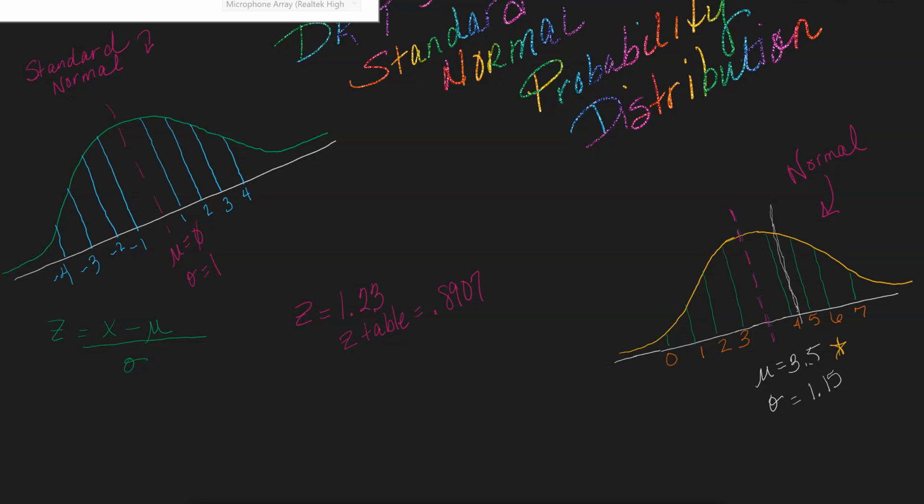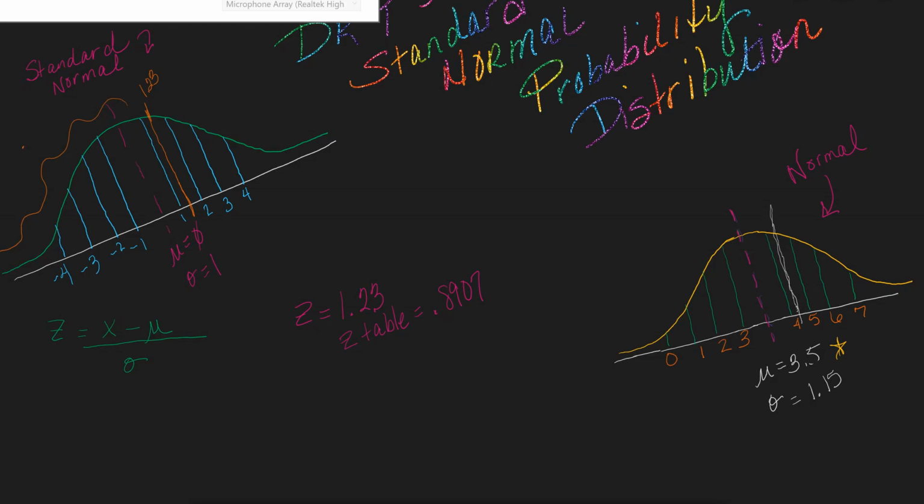So taking a look at our standard normal curve, 1.23, which, I don't know, right here. Well, we know that 0.8907 of our observations fall to the left of 1.23. That's great.